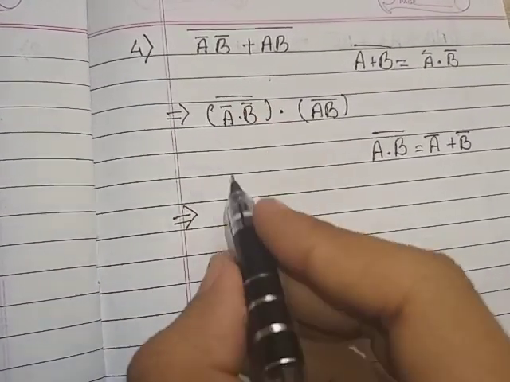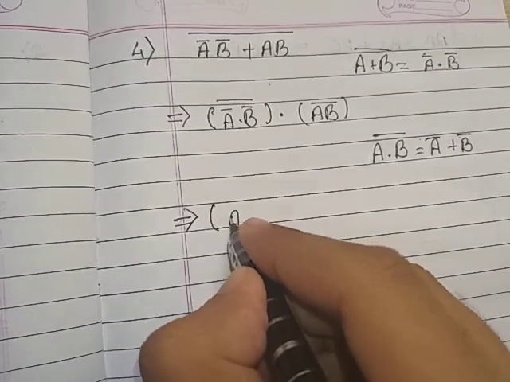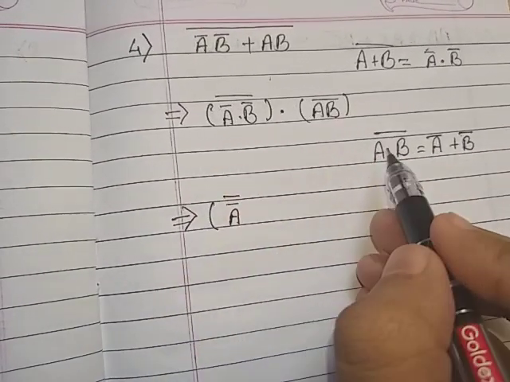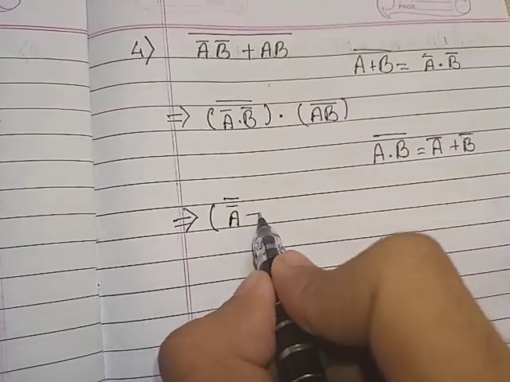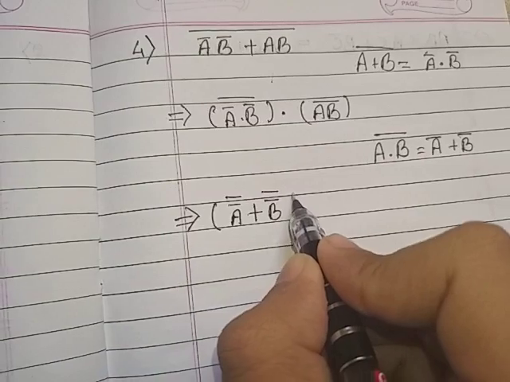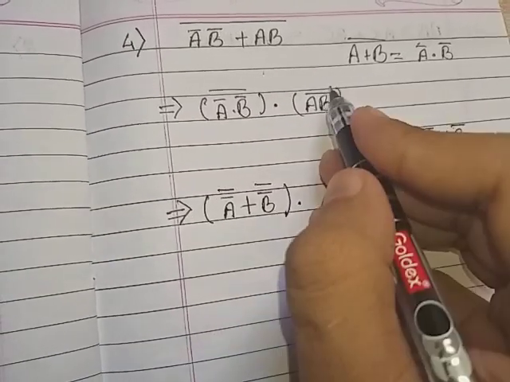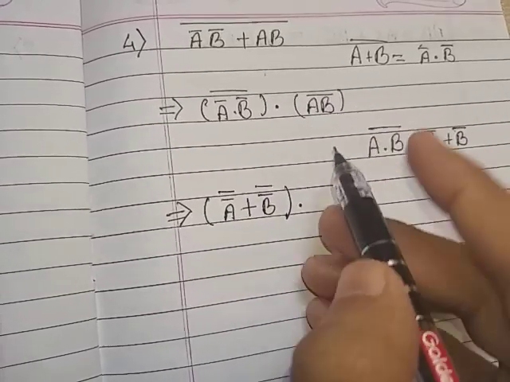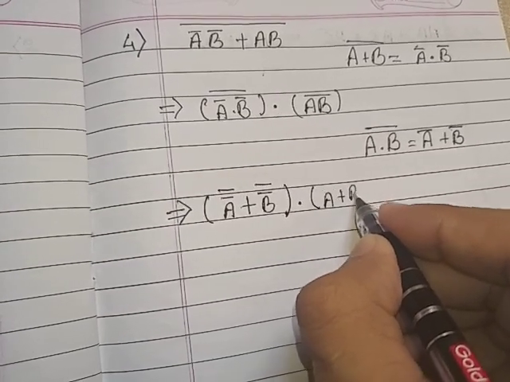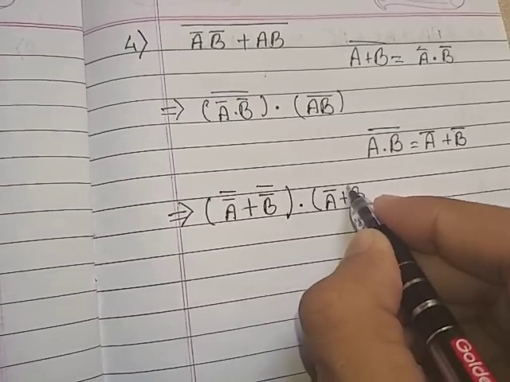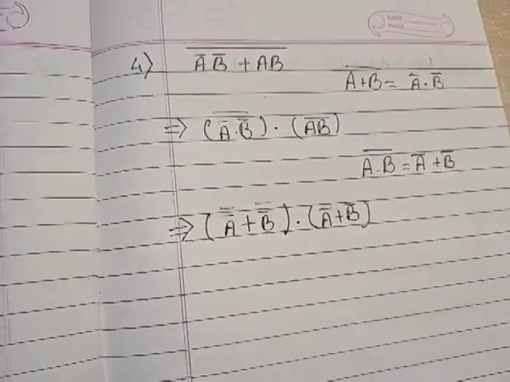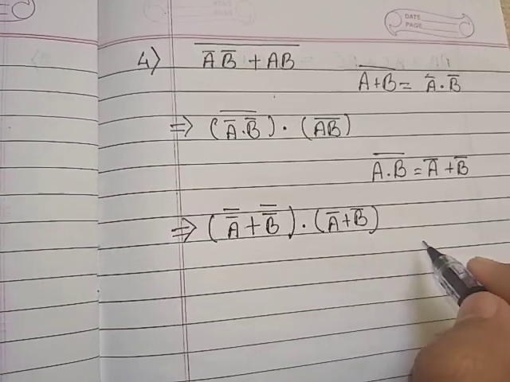For this bracket I will get a double bar plus b double bar, as a is equal to a bar and b is equal to b bar. Now for this bracket a is equal to a and b is equal to b, so I will get a bar plus b bar. Now we know that a double bar is equal to a.